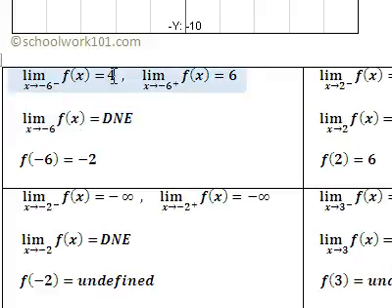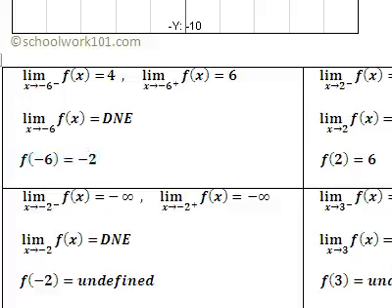However, you can see that this is a 4 and this is a 6. Therefore, the limit doesn't exist because these are not equal. We also need to look at f of -6. We plug -6 into the function and we get -2 out.